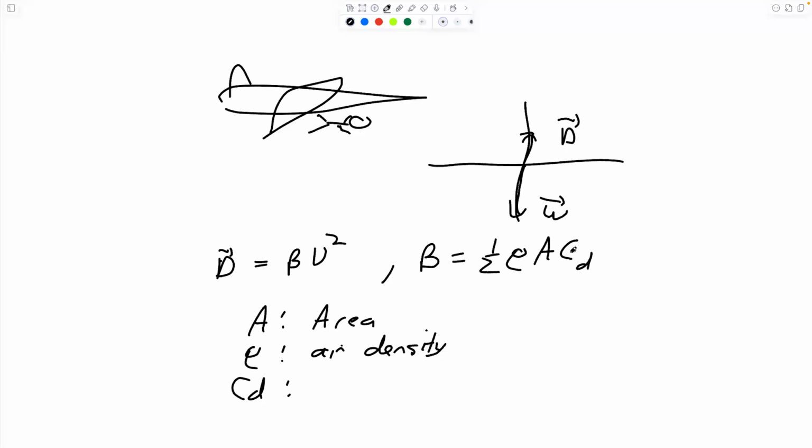This depends on what kind of material you're wearing, what orientation your body is in. We have different drag coefficients. Spheres have a different drag coefficient than rectangles or whatever. So this is material and shape dependent. This here takes everything into account. So we're going to call this our drag coefficient.